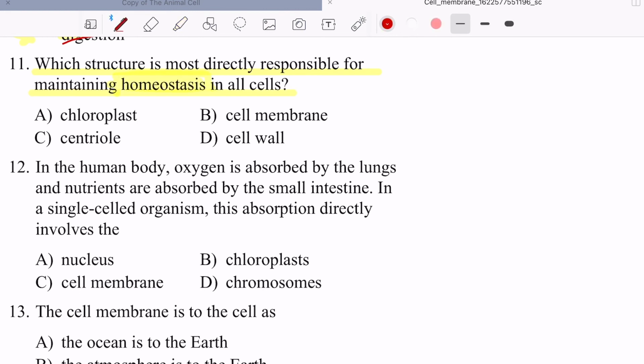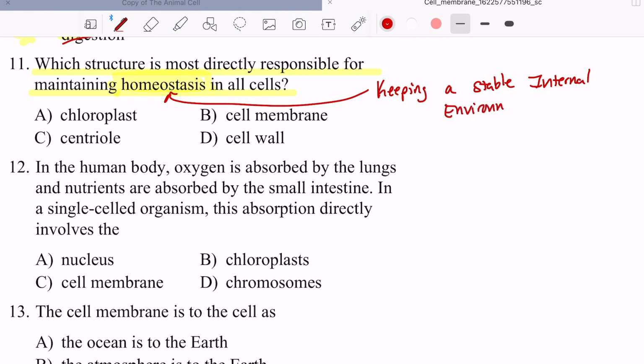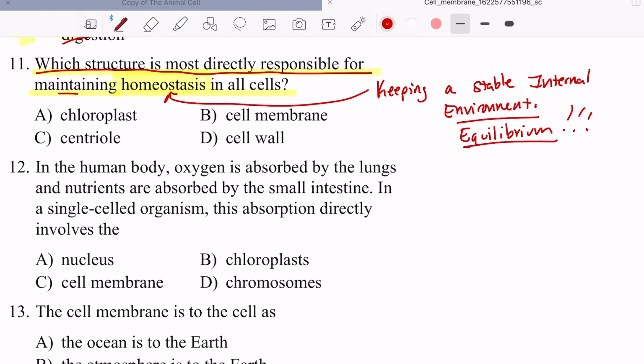Remember that homeostasis is keeping a stable internal environment. Keeping it stable, keeping it balanced, equilibrium. Again, which structure is most directly responsible for maintaining equilibrium, stability in cells? That is absolutely the cell membrane.